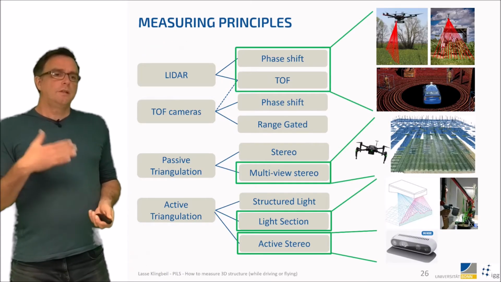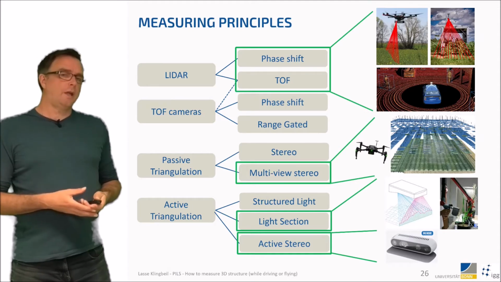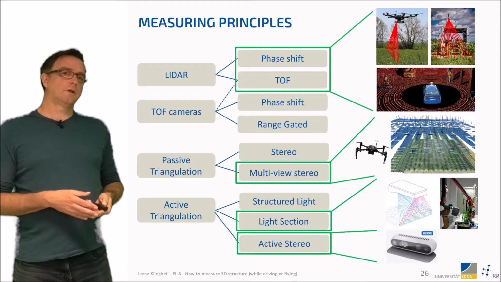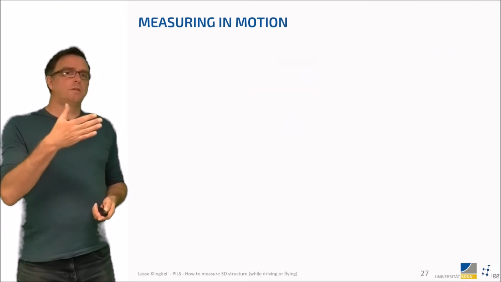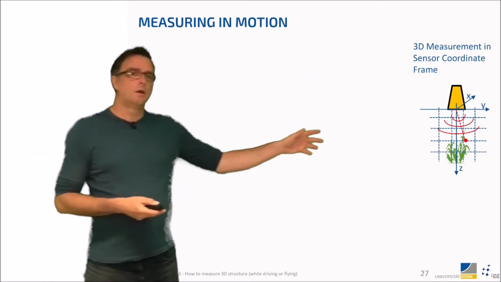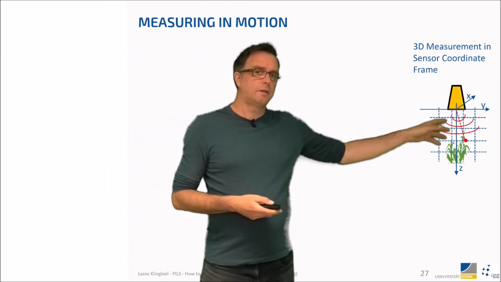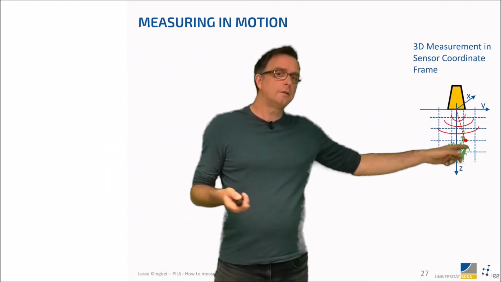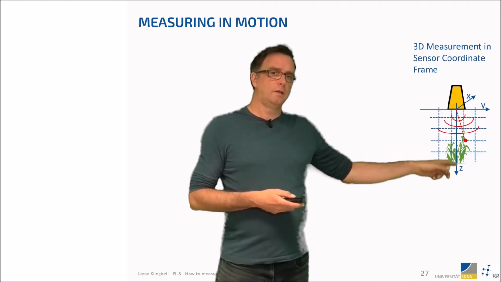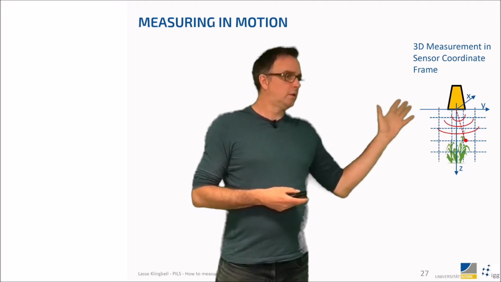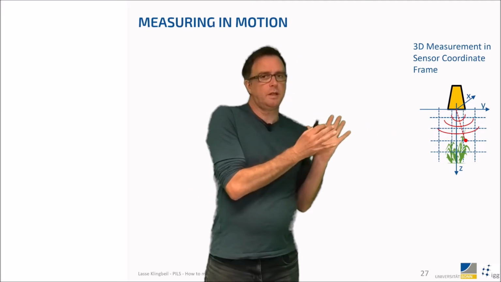Good. So these are the measurement principles that we have for 3D measurements. So what if we now do this in motion? Here we have the sensor, and it gives us information of some point in the sensor coordinate system, right? The sensor coordinate system here, Z coordinate, X and Y. So it's a coordinate system which is attached to the sensor.